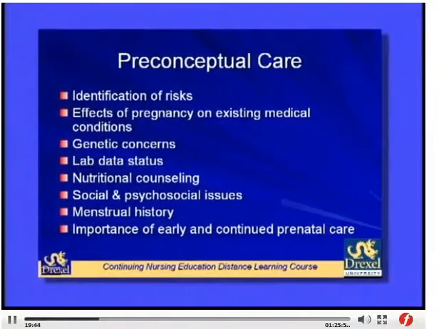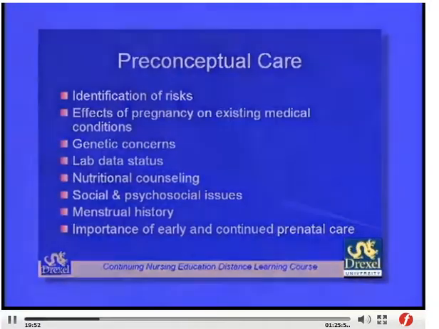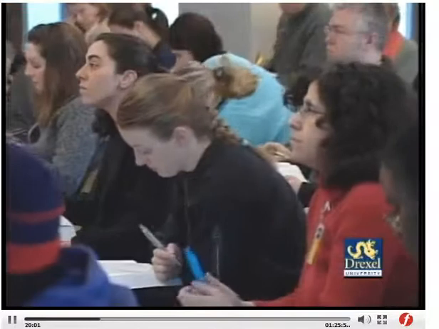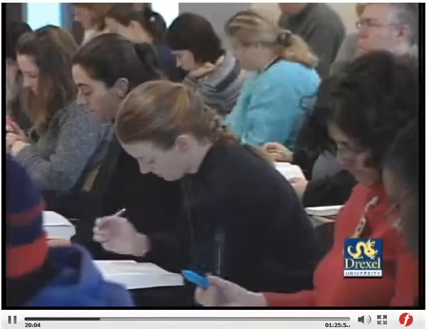When we talk about preconceptual care, what you're going to find is that many women are now planning their pregnancies. So they do go to healthcare providers to see if there's anything they can do to become healthier while they're pregnant. So we're going to try to identify risk factors, the effects of pregnancy on existing medical conditions.